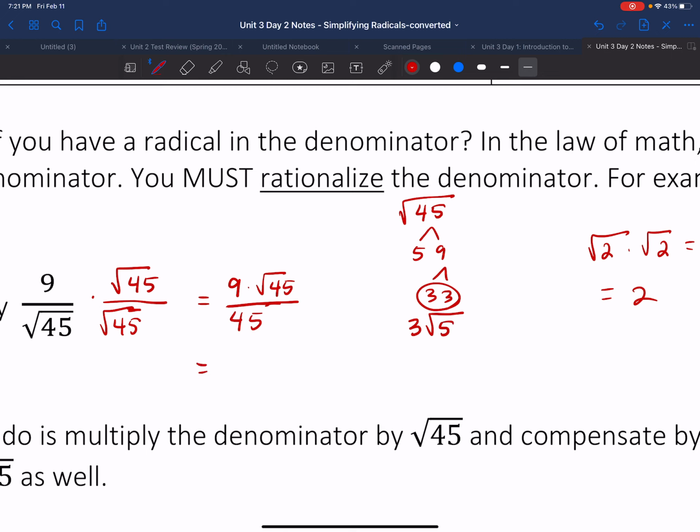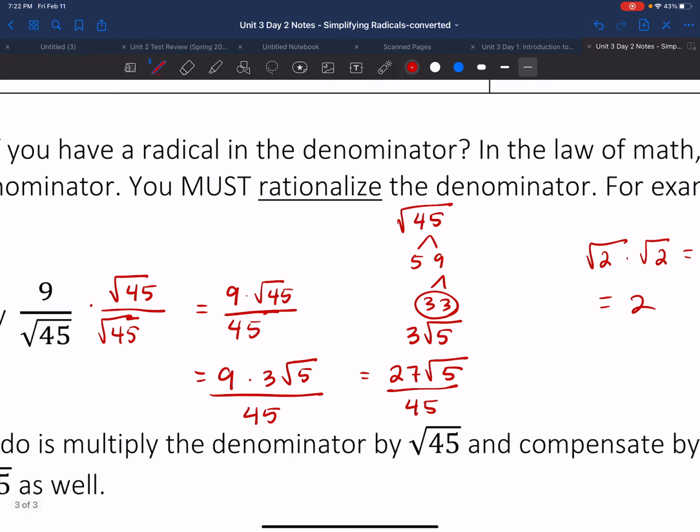So rewriting, I have 9 times the square root of 45. If I simplify that, it's going to be 3 times the square root of 5, all over 45. And then it's all outside of the radical. These are multiplying. So I'm left with 27 times the square root of 5 over 45.